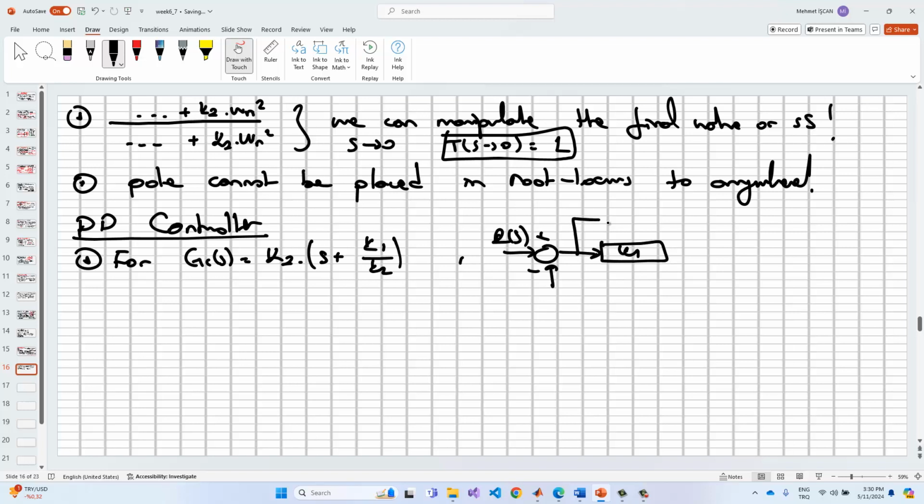K1 and K2 times s, right? It's the plus, and G(s) should also be given in here.